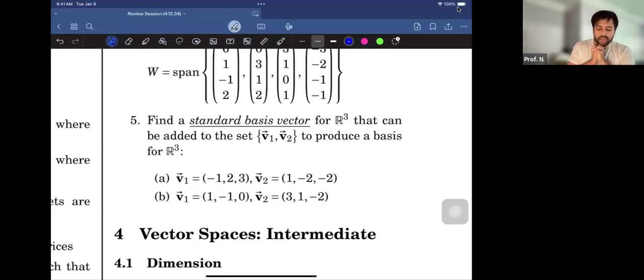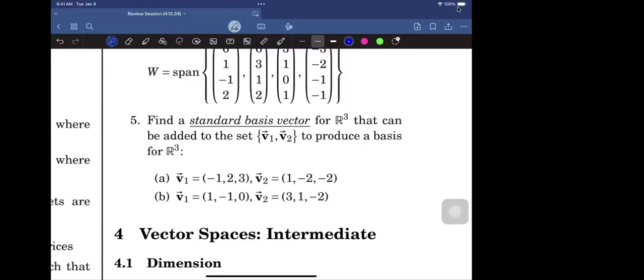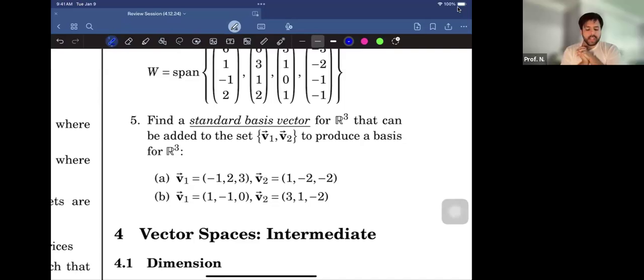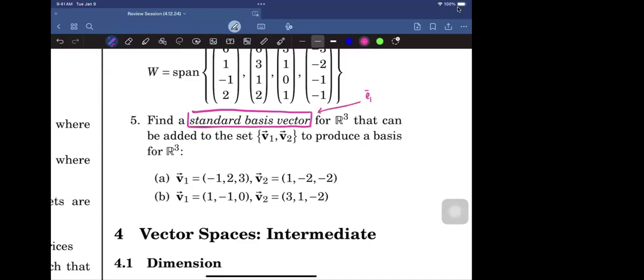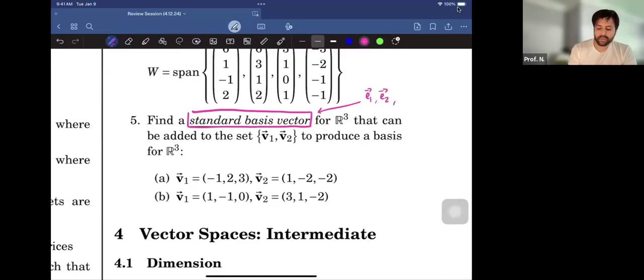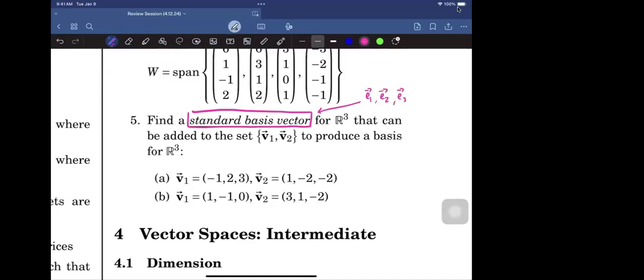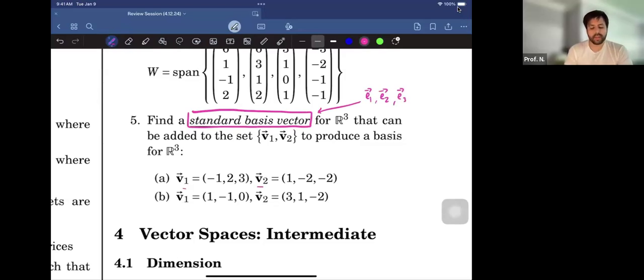All right. So you said number 5, you don't know how to start, right? Okay. So they're asking you for a standard basis vector. What are the standard basis vectors in R3? E1, E2, and E3, right? And then it's saying we have these vectors in R3, and we need an additional vector so that we can create a basis.